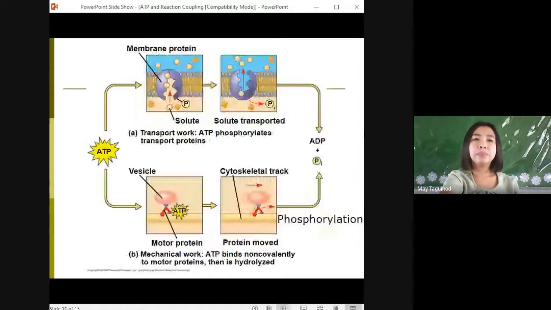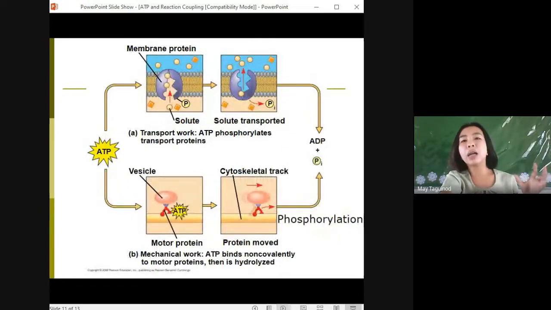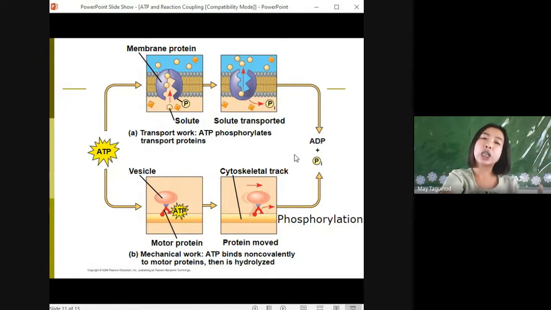Next, how does ATP drive transport and mechanical work? We have three types of cellular work: mechanical, transport, and chemical. Each is powered by the hydrolysis of ATP. In cells, the energy from the exergonic reaction of ATP hydrolysis can be used to drive an endergonic reaction.